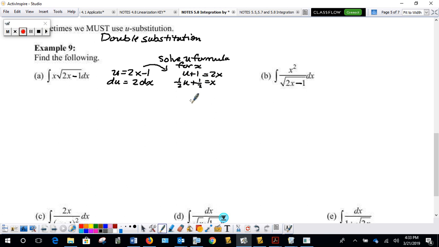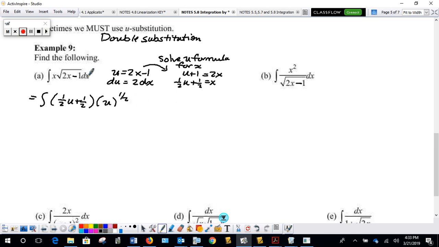Okay. So what happens when I do a substitution now is this extra x that I don't need, I'm going to take that out by substituting this in. So it becomes 1/2 u plus 1/2. The square root of 2x minus 1 is going to be u to the 1/2.